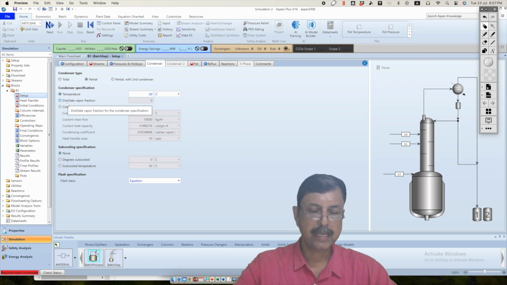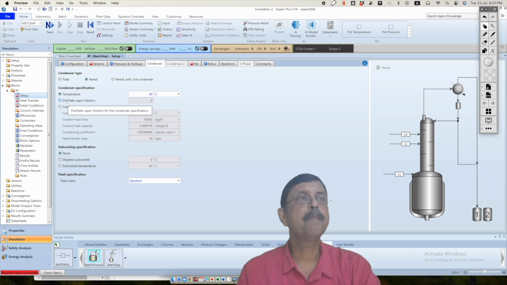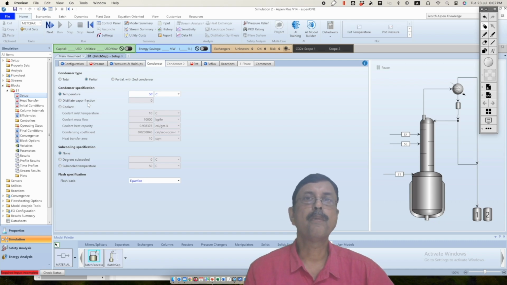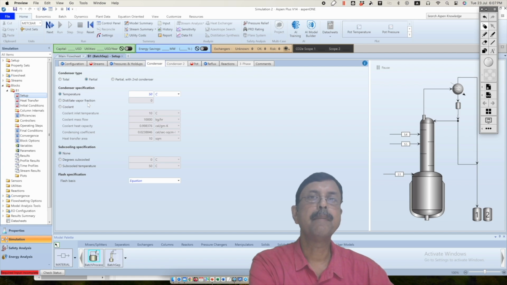Now, in case it's a total condenser, then the vapor fraction will always be 0. But if it is a partial condenser, then the vapor fraction may be say 0.7 or 0.3 or 0.5 based on how much vapor is coming out of the system.